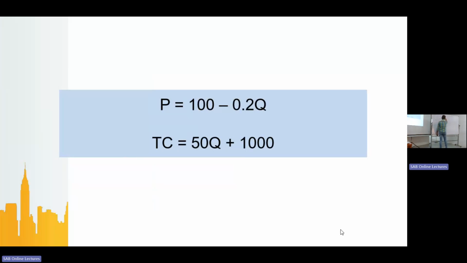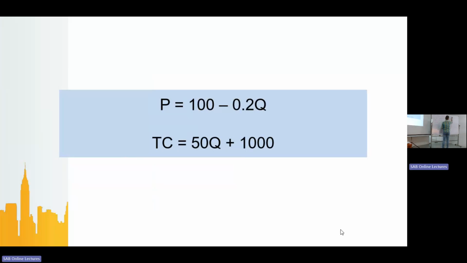So you can substitute this for P here. Then TR equals, instead of P, I'm going to write 100 minus 0.2Q multiplied by Q. So you can simplify this.